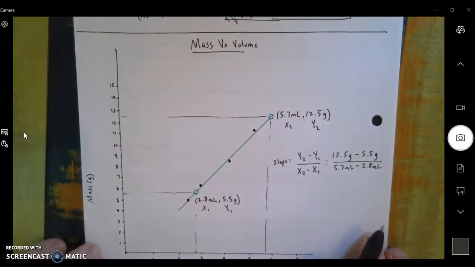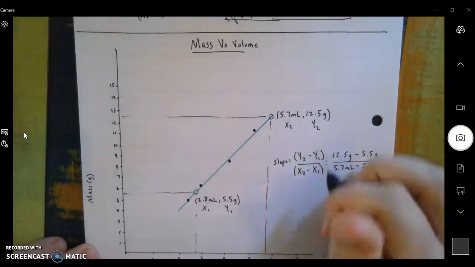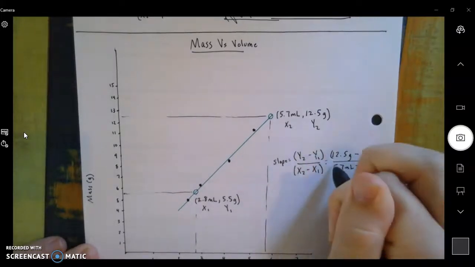Alrighty. So remember, like I said before, we want to do the subtraction before we do the division. So I'm going to put these in parentheses.